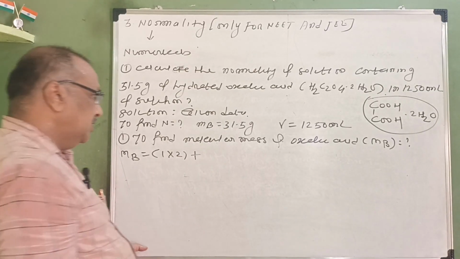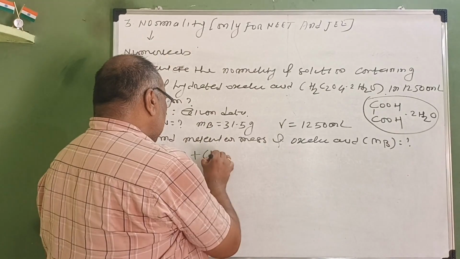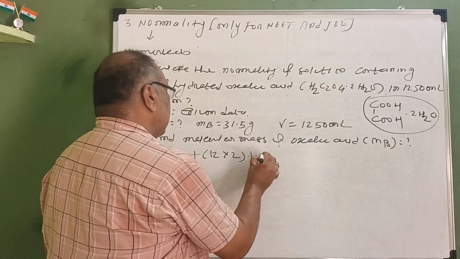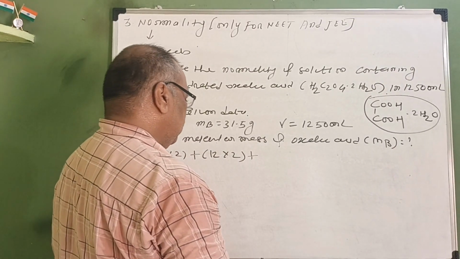Atomic mass of carbon is 12, 12 into 2 plus O4.